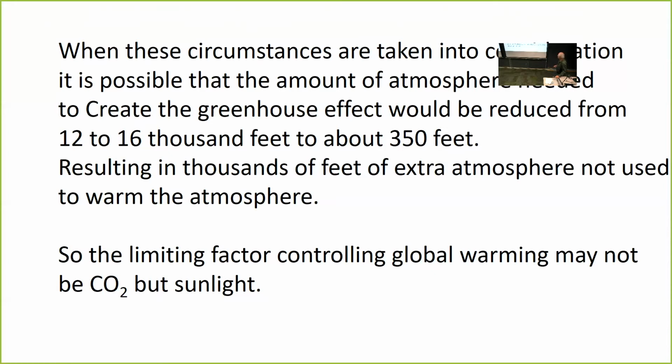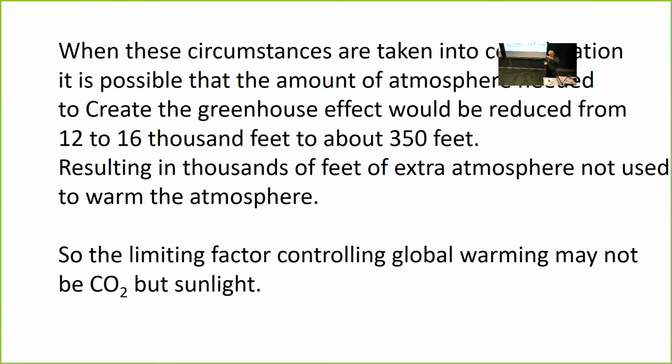So some of the limiting factor controlling global warming may not be CO2, but sunlight. So what the spectroscopy evidence suggests is that if this is 16,000 feet, and that is required, and there's still radiation getting up to that height, then adding more CO2 to the atmosphere would increase global warming. So human activity would have an effect.